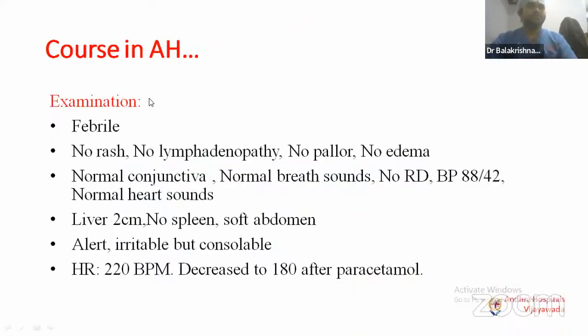In our hospital, on examination, the child was febrile, with no rash, no lymphadenopathy, no pallor, no edema, normal conjunctiva, and the respiratory system was clear with no respiratory distress. BP was normal, normal heart sounds. There was mild hepatomegaly, no splenomegaly, soft abdomen. The child was alert but irritable, though consolable. Regarding the heart rate of 220, since the child was febrile we gave an IV paracetamol dose, and the heart rate decreased to 180.